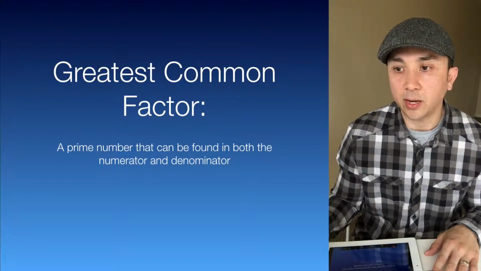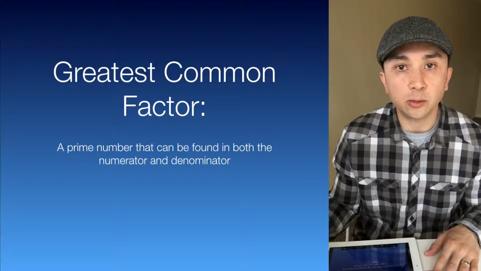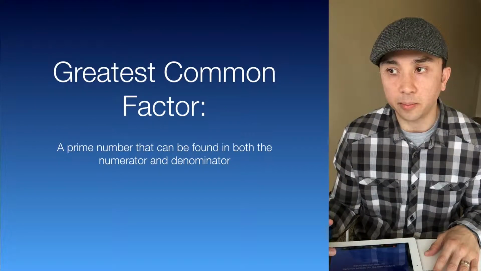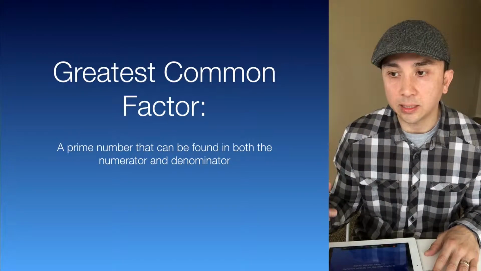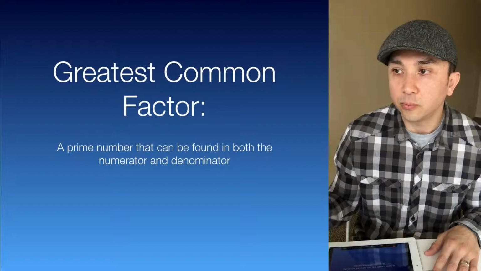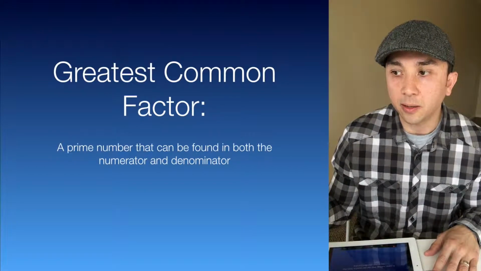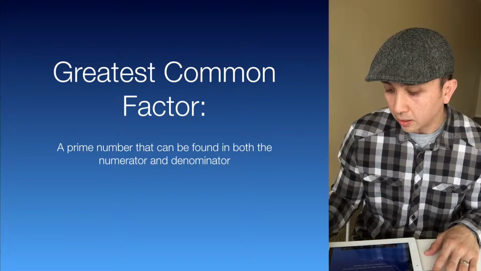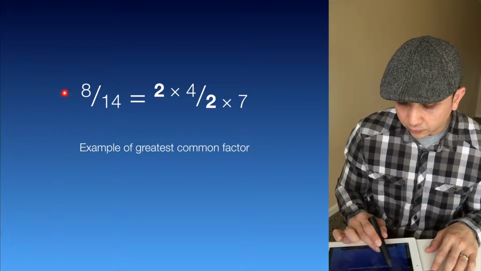Now, the greatest common factor is a number that can be found in both the numerator and the denominator. So let's look at 8/14.